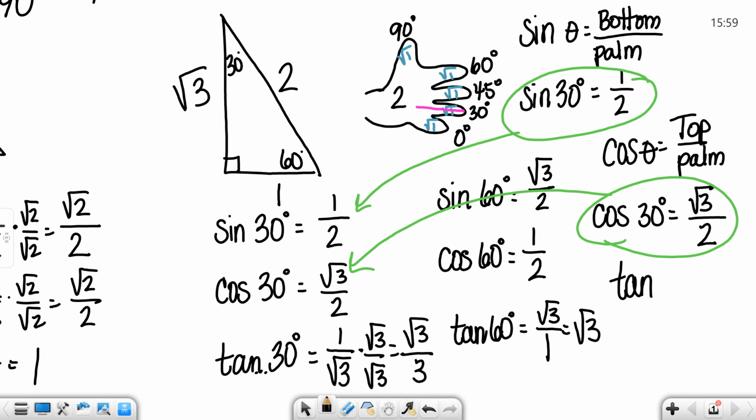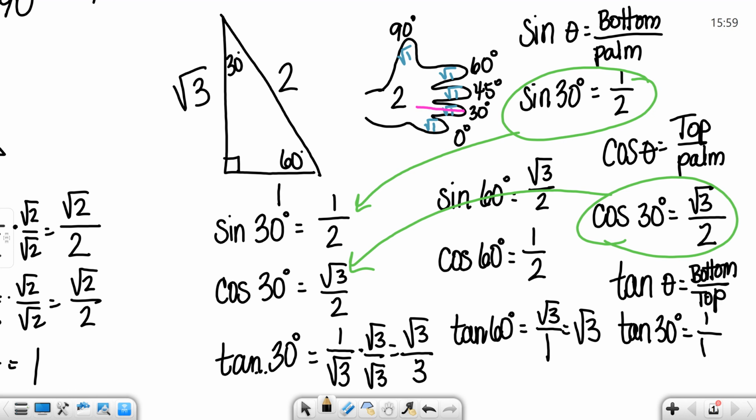And then the tangent of theta would be whatever's on the bottom over the top. So let's do the tangent of 30 degrees. Got my little pink line at 30 degrees, so the stuff that's on the bottom is 1.